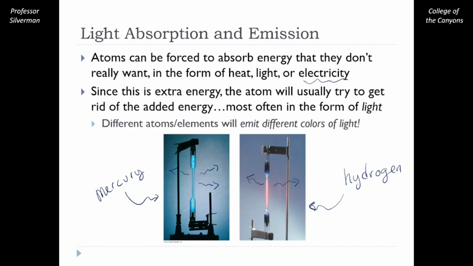Our job now is to build a model of the atom that can predict some of these properties of our atom. Can we explain why our different elements emit different colors of light?